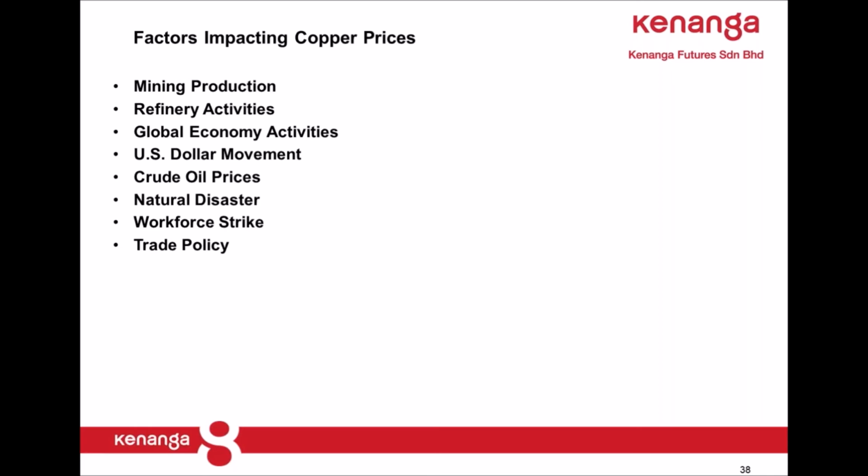On the opposite side, when the dollar is softer, it is cheaper for importing countries to buy more, so price will be pressured upwards. And of course, next will be crude oil prices.